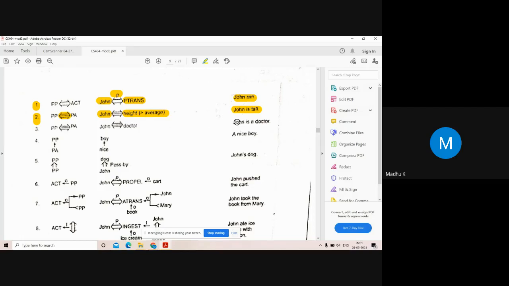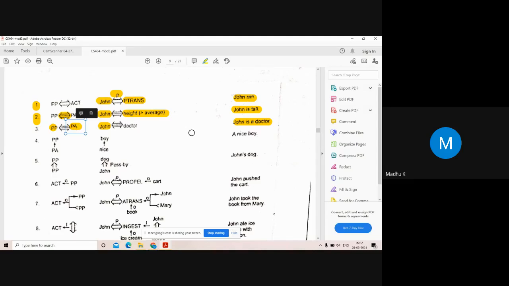Next, "John is a doctor," or "Anusri is a student," "Ashwati is a student." If the sentence is like that, John is the picture producer, and you can note this PP. And what is this? This is PA. PA means picture aider.